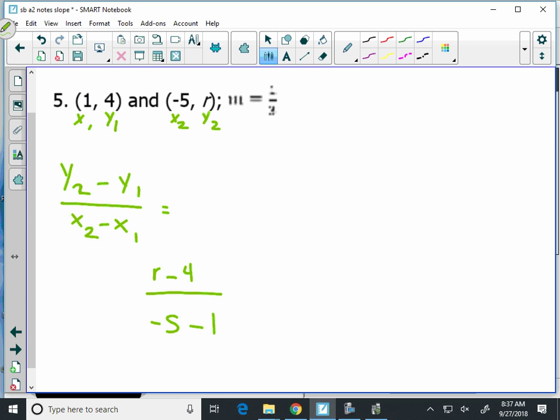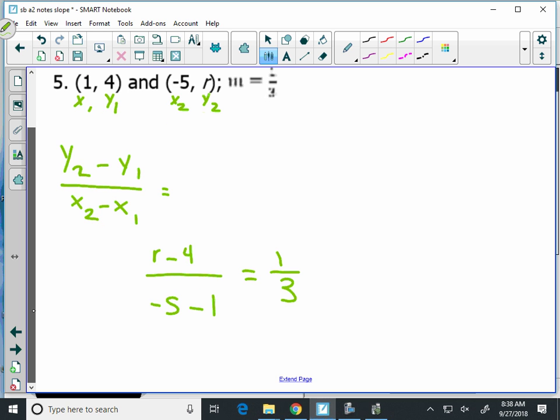Okay, all that slope formula. And when we do that, it's going to equal, what's our slope? 1/3. You're just setting it up like a formula. You're still doing y2 minus y1 over x2 minus x1, but you just have to set it equal to your slope because we know what our slope is. Okay.